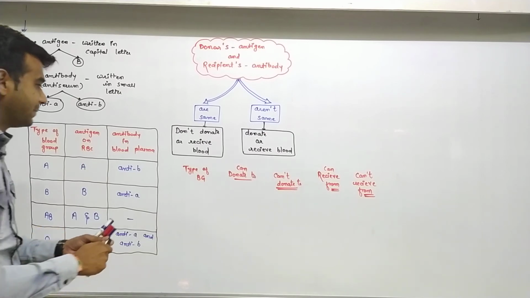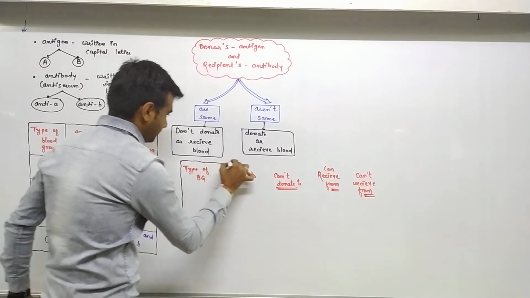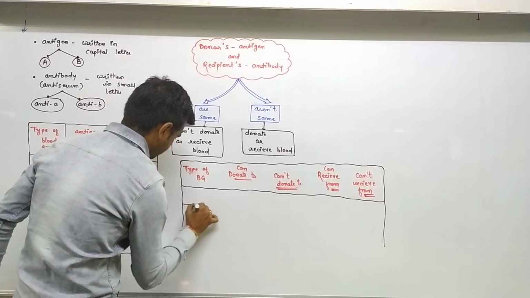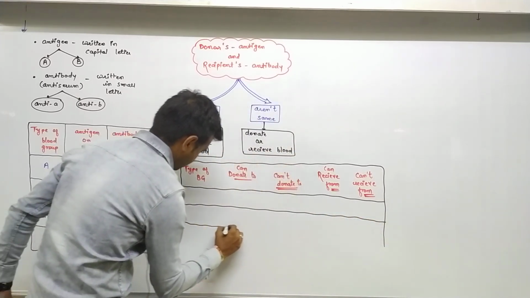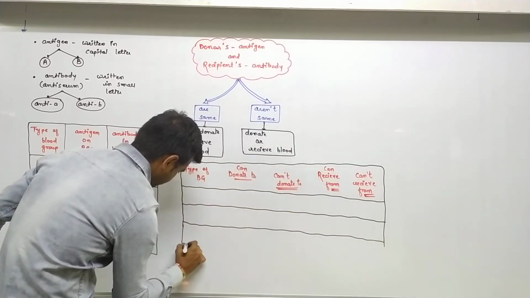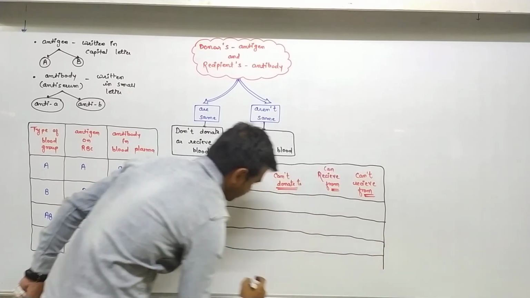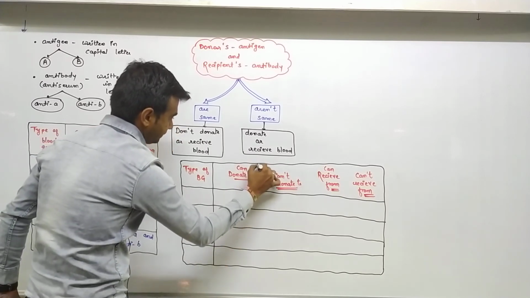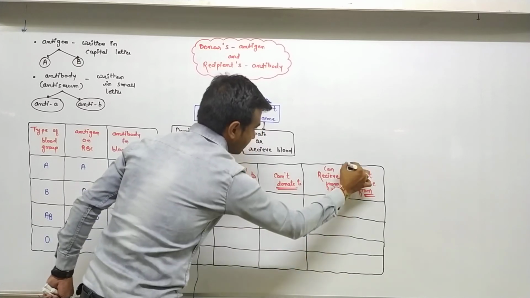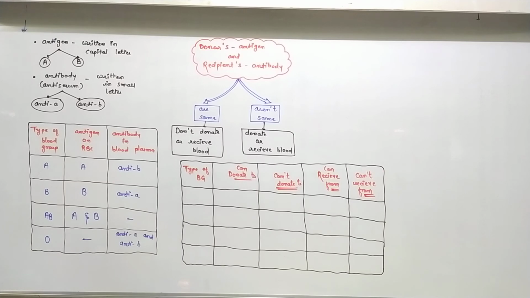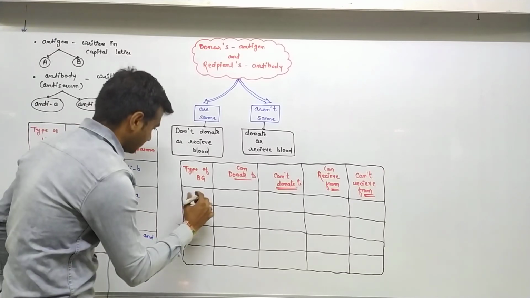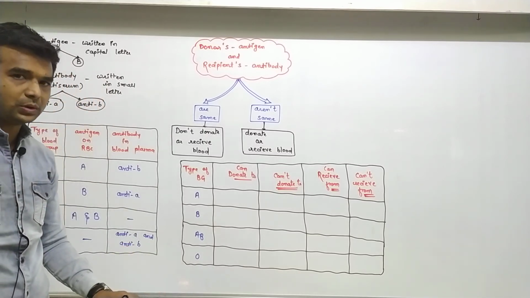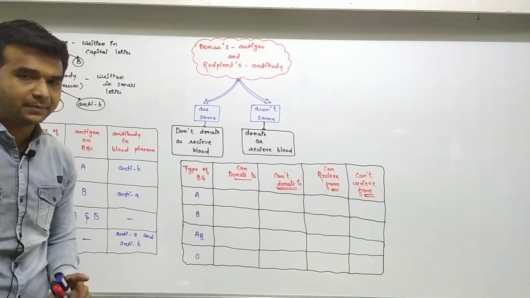Okay, so now I can form the table. Again, we have four types of persons: A, B, AB, and O. Now, one thing I will tell you. Remaining blocks you have to fill.